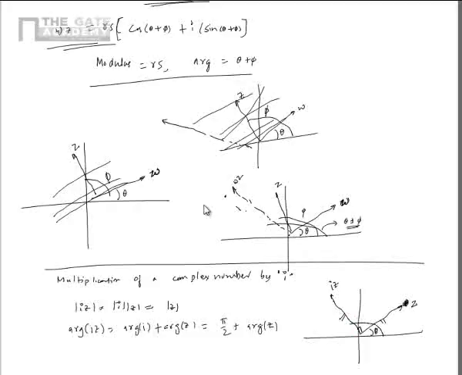So the intermediate angle has to be 90. So basically you can say the multiplication of z with i leaves the modulus of z unchanged, but it increases its argument by pi by 2. So it's basically rotating the position vector of z.